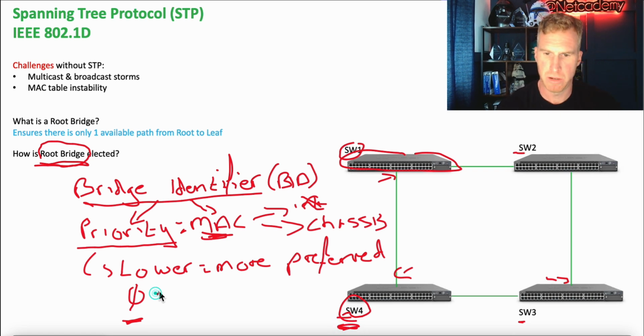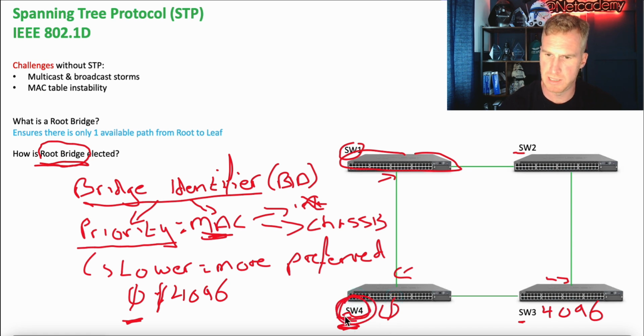If it's a value of 4096, it might be. It's going to be very close. But if SW3 has a value of 4096 and SW4 has a priority of 0, guess what? SW4 is still going to be our root bridge, because the lower the value, the more preferred that switch will be to be the root bridge.